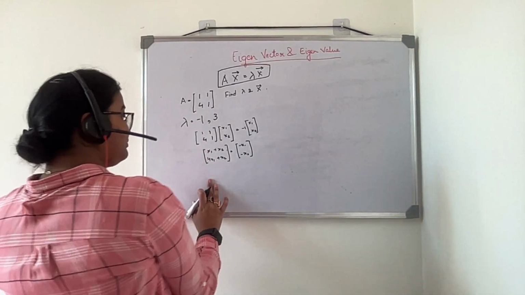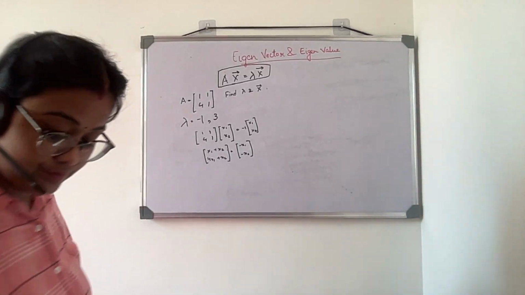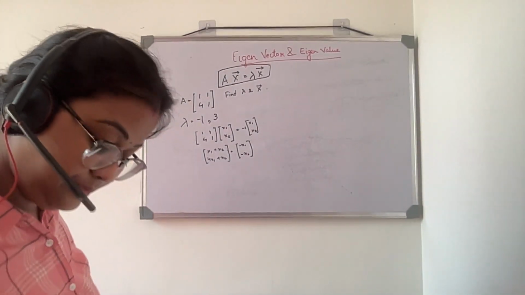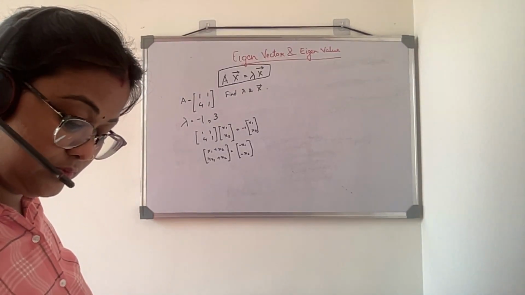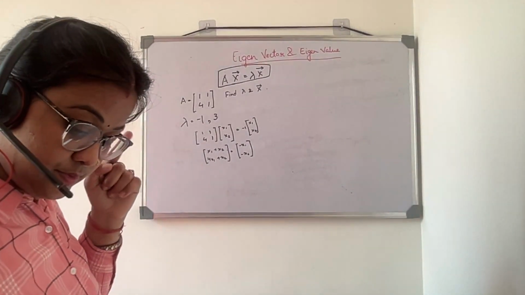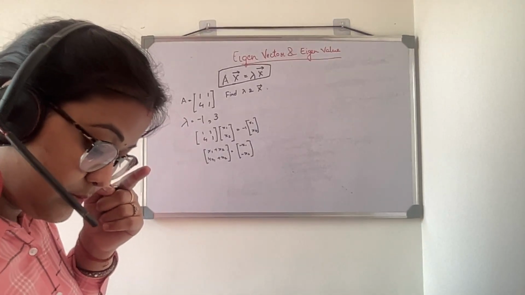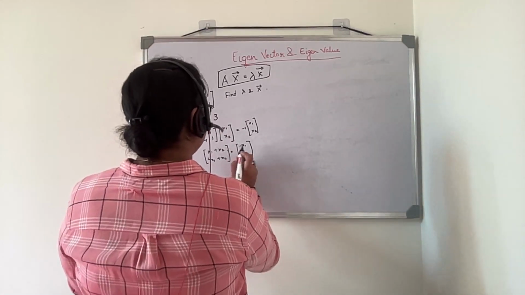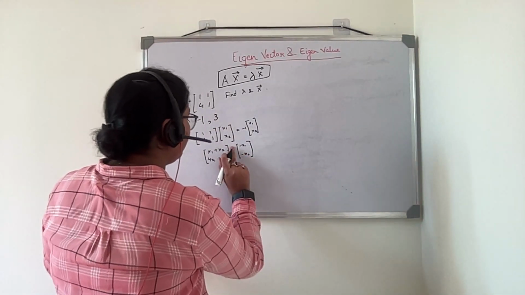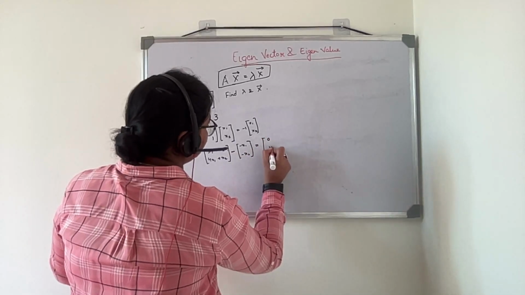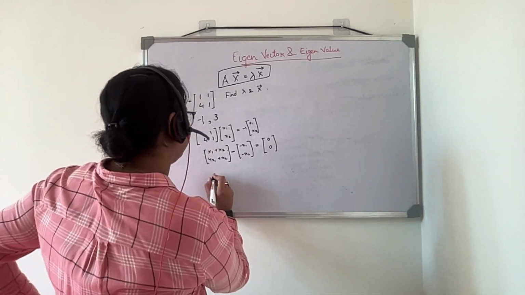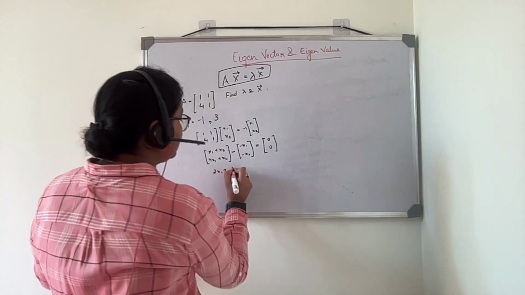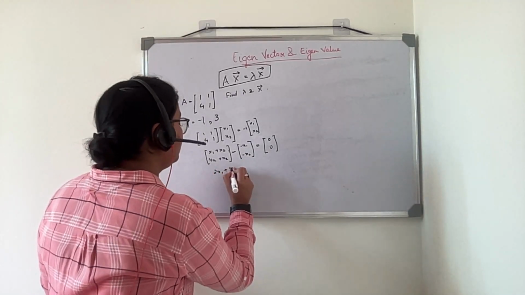So if we solve these equations, we get the equation 2x1 plus x2 equal to 0.